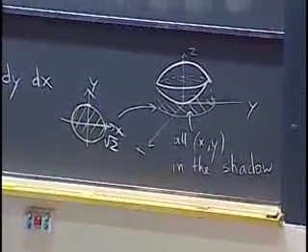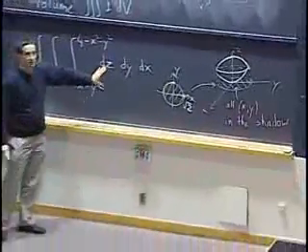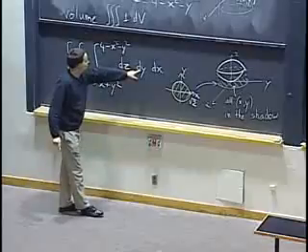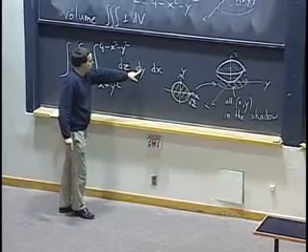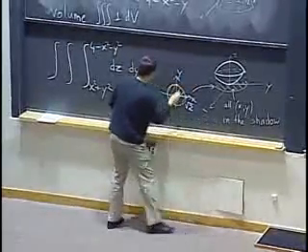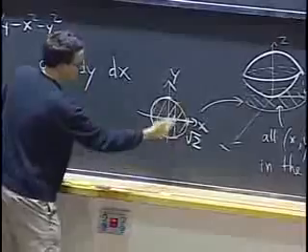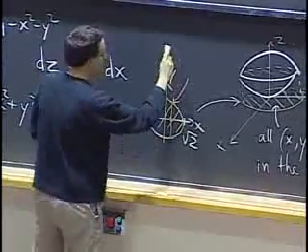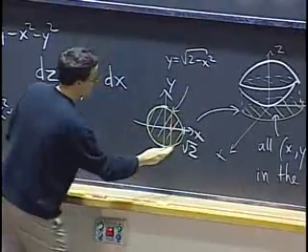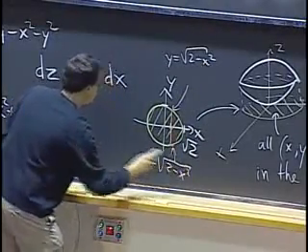So if we really want to set it up using dy dx, like I started, then we can do it because, for the middle integral, we want to fix a value of x, and for that fixed value of x, we want to figure out the bounds for y. Well, y goes from here to here. Here, y is the square root of 2 minus x squared, and here it's the negative square root of 2 minus x squared.